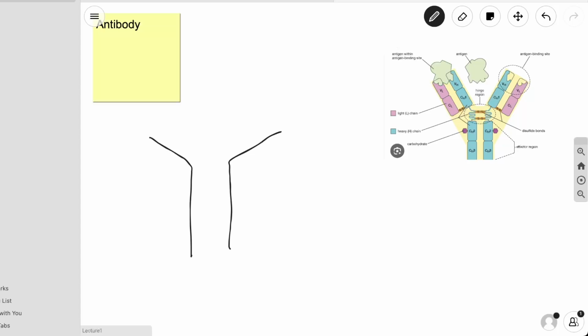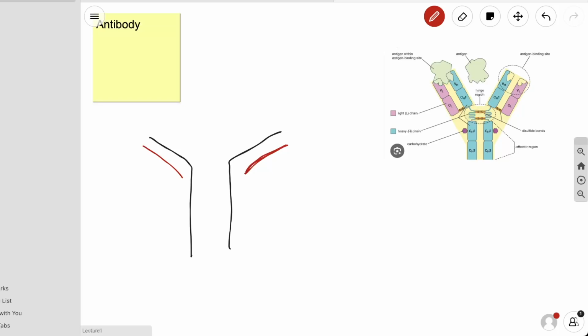This one I just drew here is the heavy chain, two heavy chains, and the light ones, the kappa and the lambda, are just here. This is the Y shape.